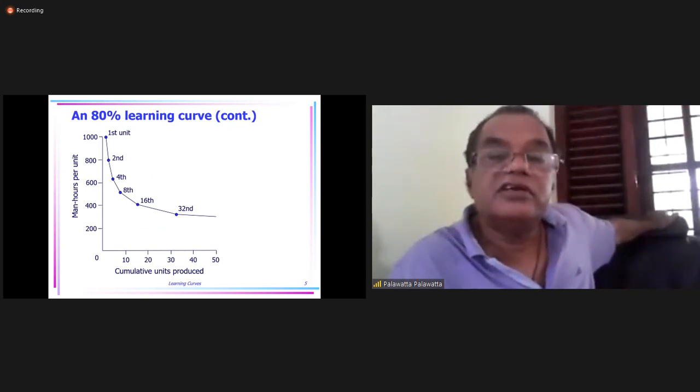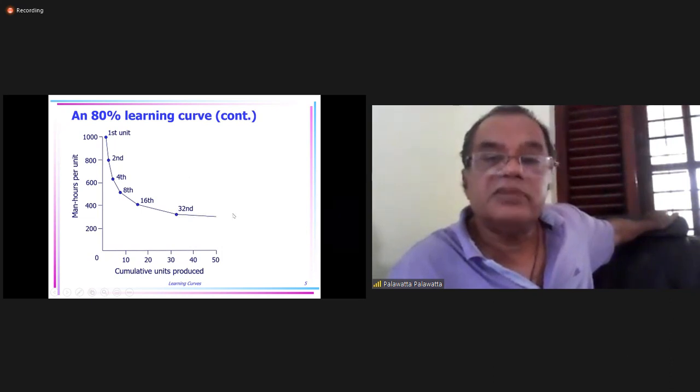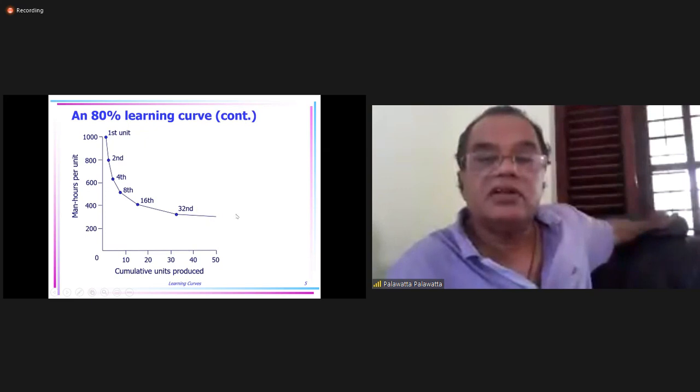And after the 30th unit, the curve is becoming flat. Let's say you started measuring time at the 30th unit, and the new learning curve is the remaining part, which is actually a flat one. Anyway, at some point in time, the learning curve becomes flat.